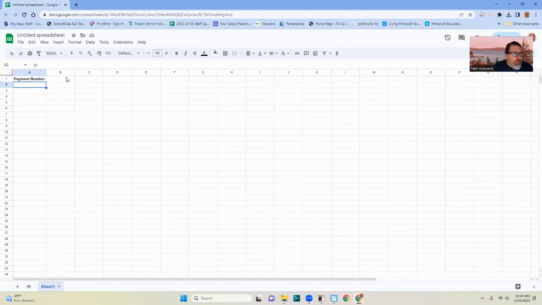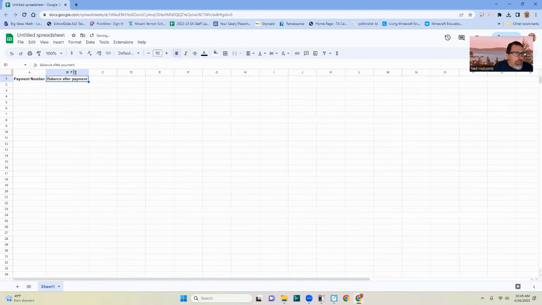Okay, and we want to know what our balance is after each payment. So I'm going to say balance after payment. And I'm going to make that bold. So if I click back in the cell and bold it, and then double click on the area in between, and there it is. Okay, so then I'm going to do payment 1, 2, and let's center these.